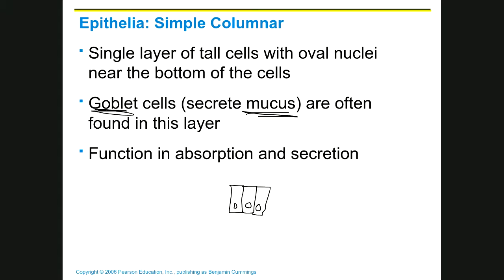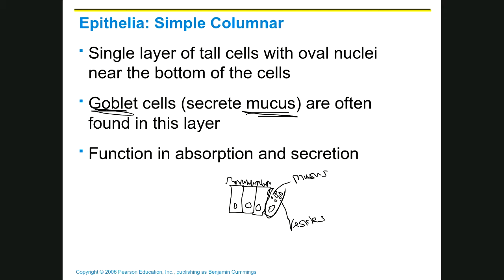And then every so often, we're going to see a cell that looks like this. And this cell is going to have bubble-like things in it. Well, those are vesicles containing mucus, because this secretes mucus.